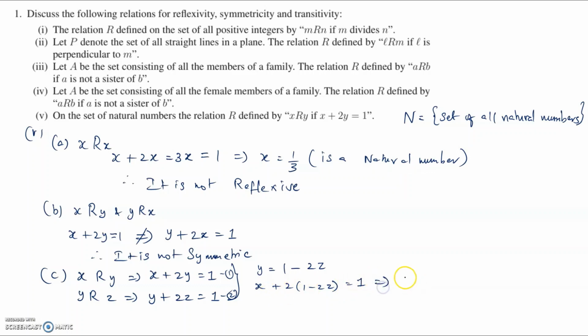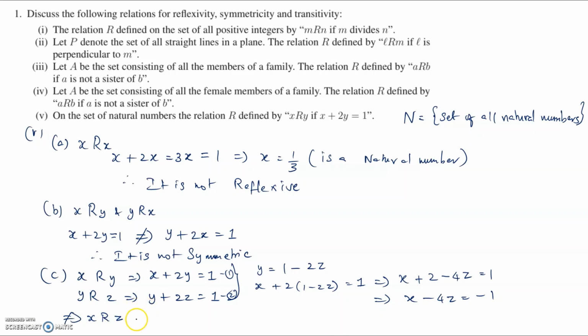Further simplifying this, x plus 2 minus 4z is equal to 1. This would imply x minus 4z is equal to minus 1. So this does not imply x is related to z.